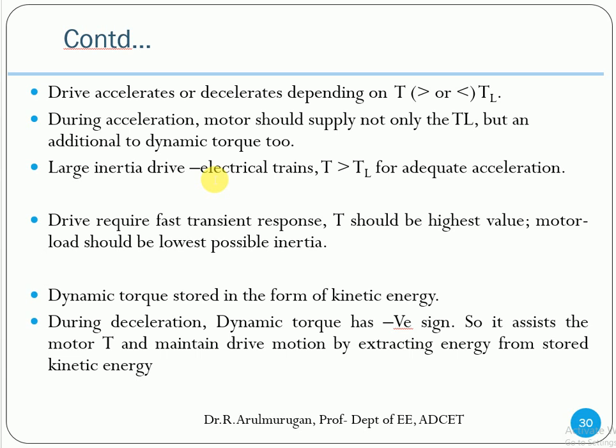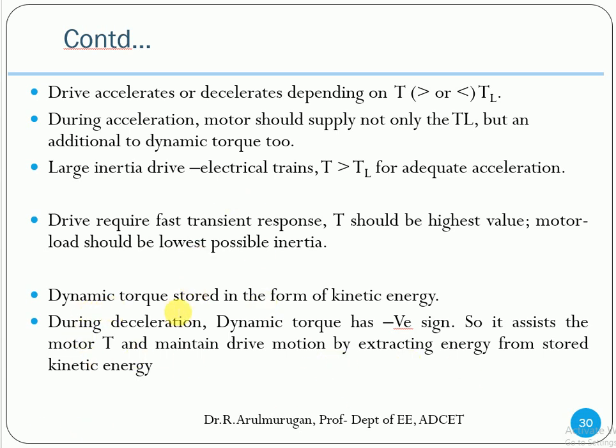If you want to lift, the system already has some load, so more motor torque is needed. The motor torque must be higher than the load torque, and only then will it move. So for large inertia systems, the motor torque is always designed to be higher than the load torque.